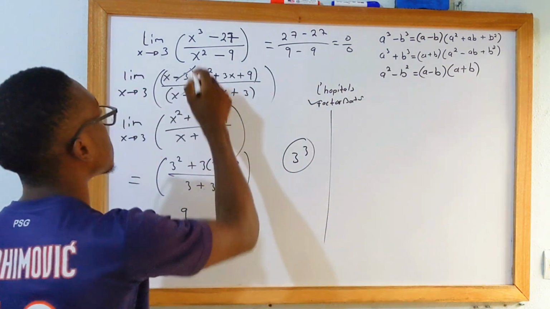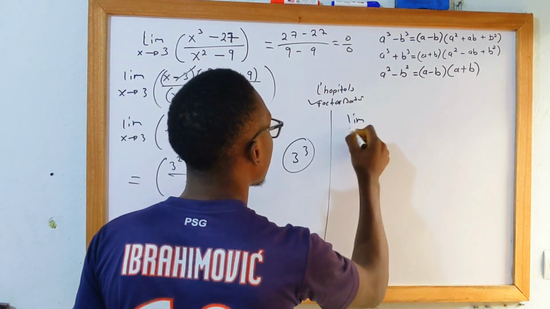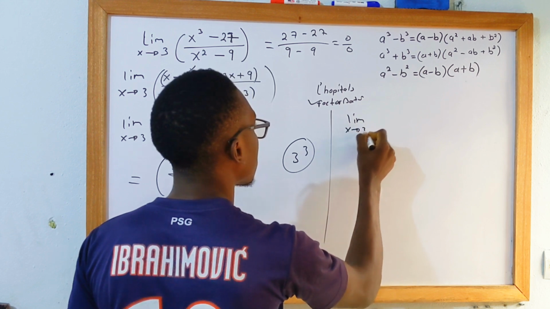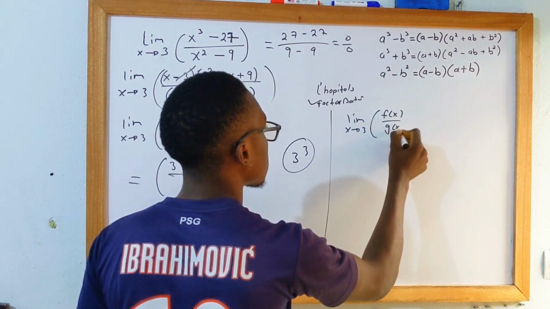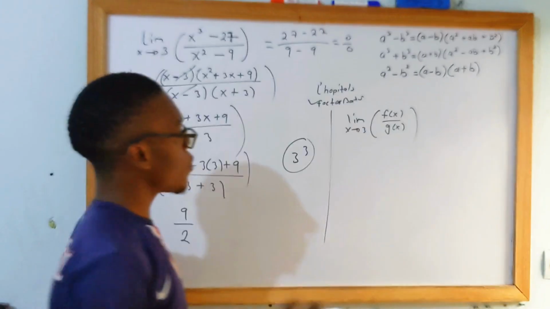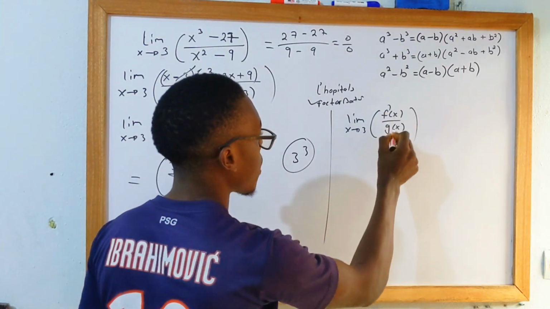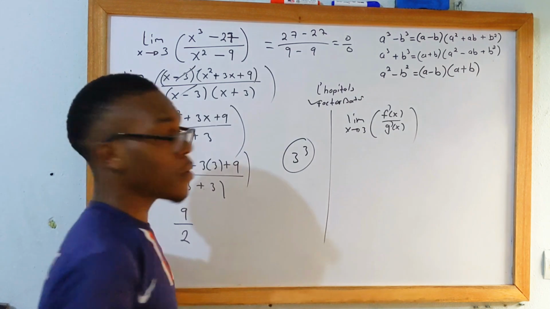At this point, you have to differentiate. That will be the limit as x tends to 3. You can have the top as f of x and the bottom as g of x. In L'Hopital's rule, what we do is differentiate the numerator, that is f prime, and the denominator, that is g prime.